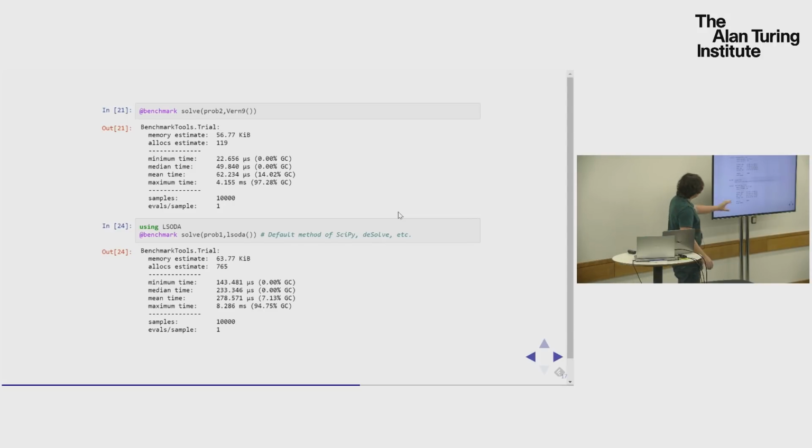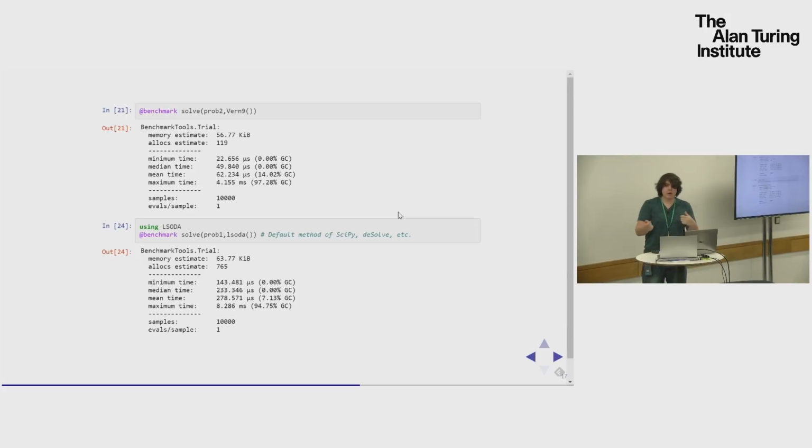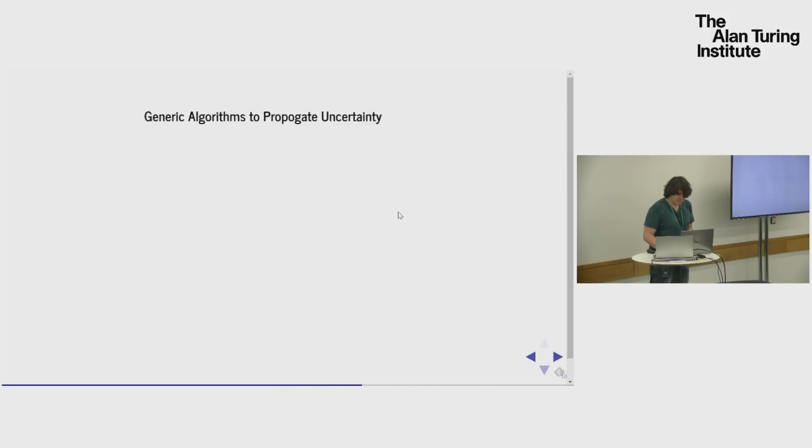On some problems, LSODA will be the fastest; on other problems, it's not as fast. But it's nice to have one library where you can switch around between all these different packages and solvers. We're just using the same ODE code and calling into all these different libraries. So if you really needed to optimize what you're doing, this is a nice library to use.